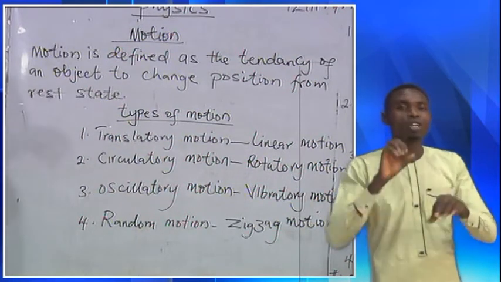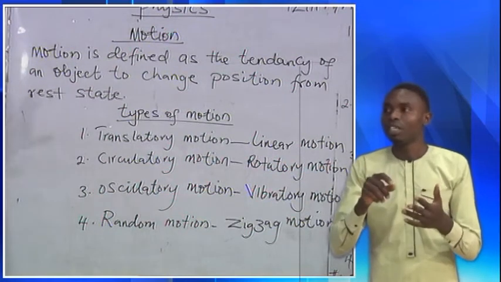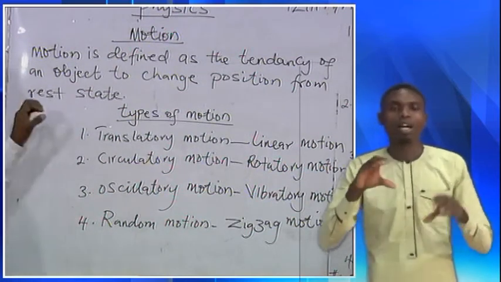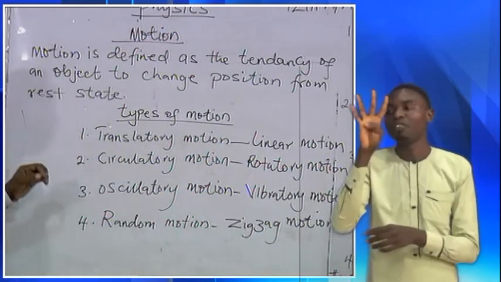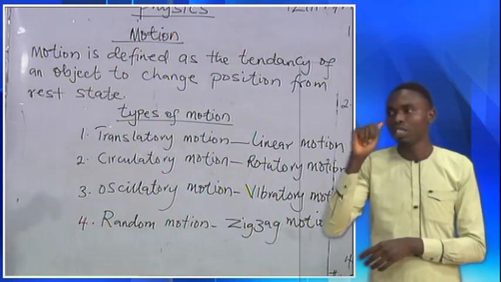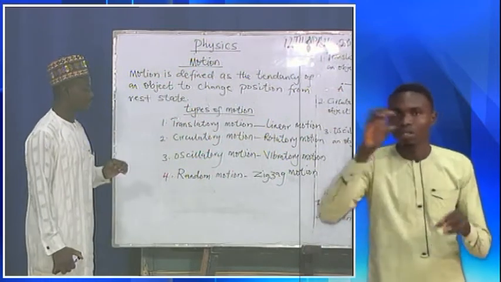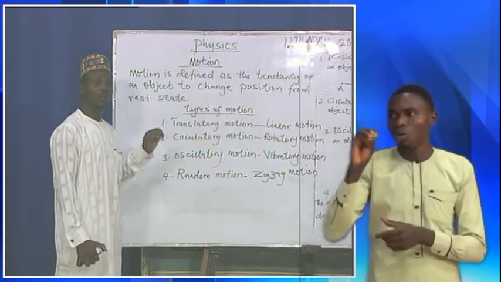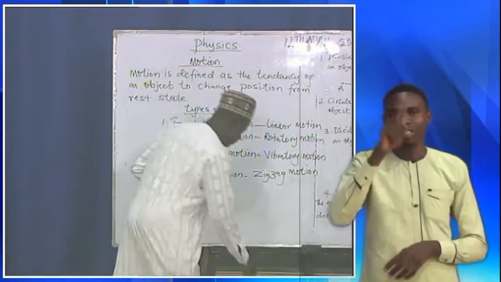These motions are classified into 4 types. We have translatory or linear motion, circulatory or rotatory motion, oscillatory or vibratory motion, and random or zigzag motion. So these are the 4 types of motion we have.